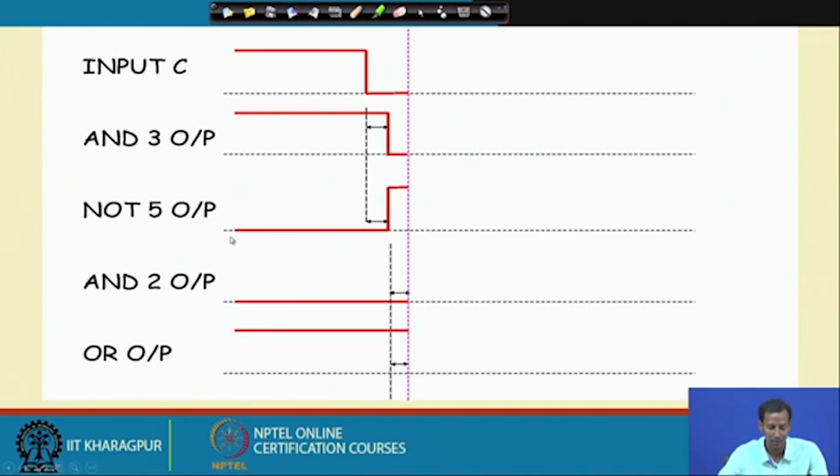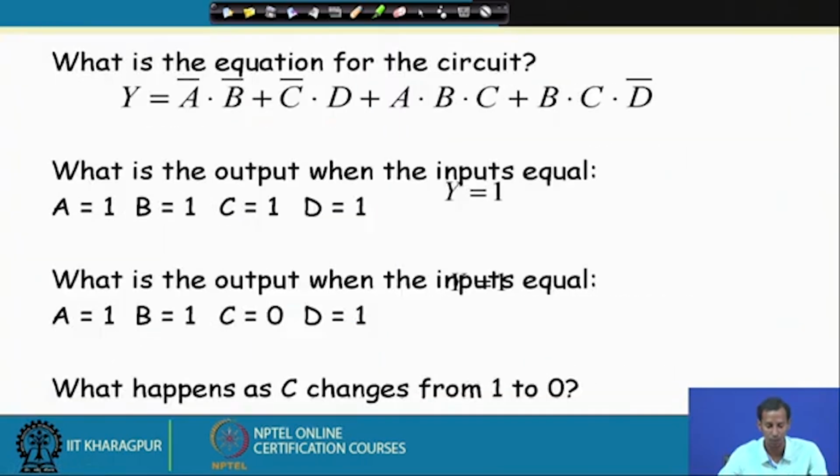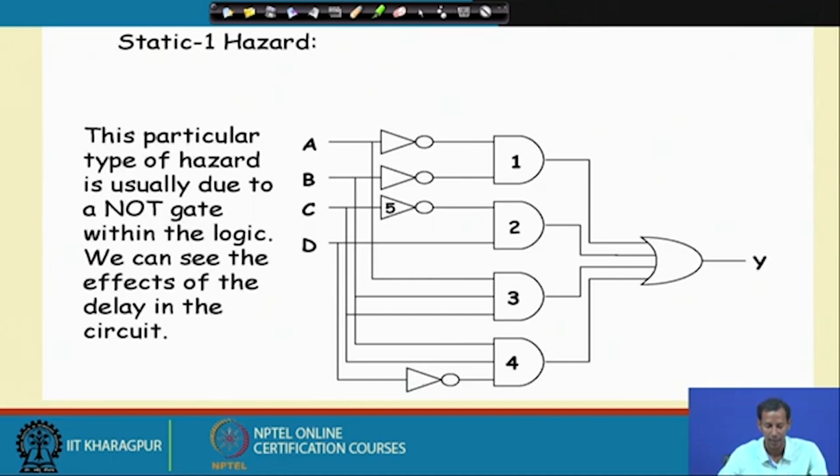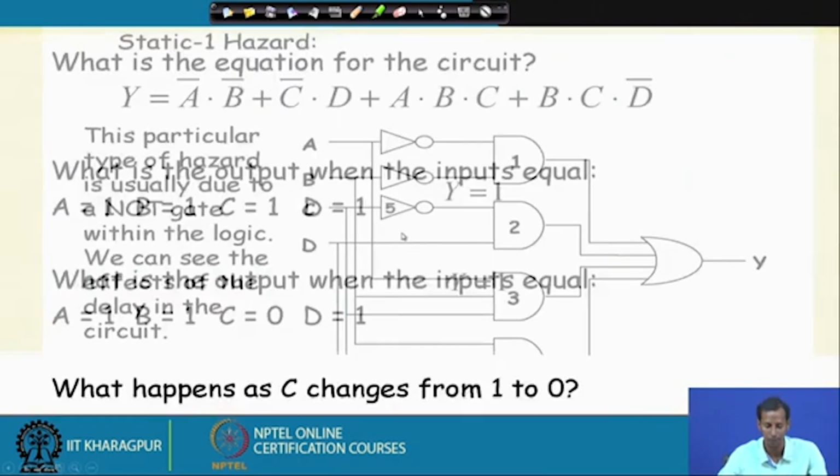Whenever this NOT output is 1, the AND gate N2 output will be 1, and D is 1.